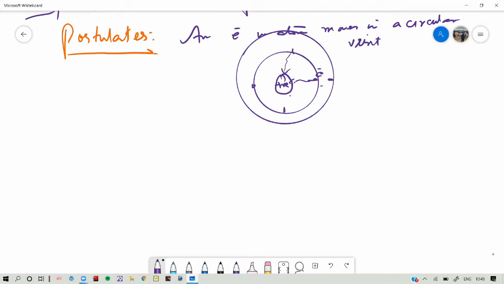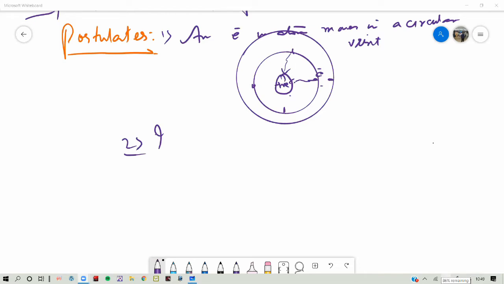The second postulate, this was the first. The second postulate was that there are an infinite number of orbits outside the atom for the electrons, which would be possible in classical mechanics.